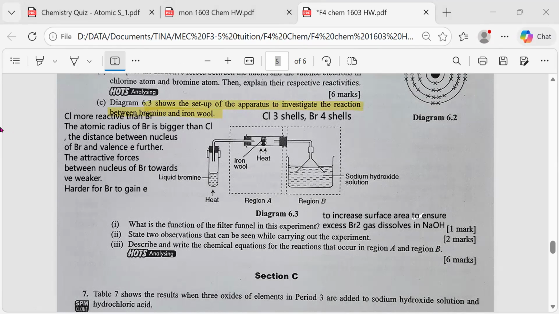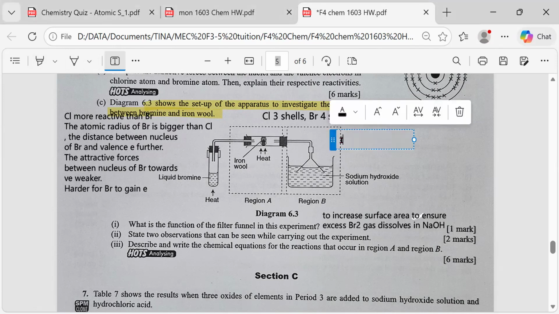What do you see? The iron wool glows. After it finishes reacting, it becomes iron 3 bromide. Iron 3 bromide is a brown powder, so a brown solid forms.